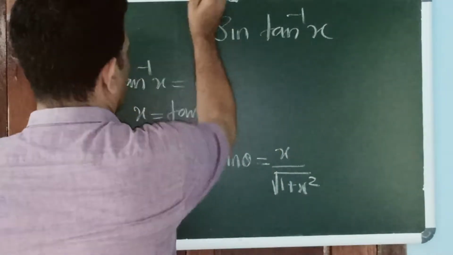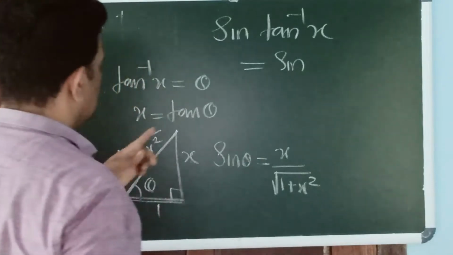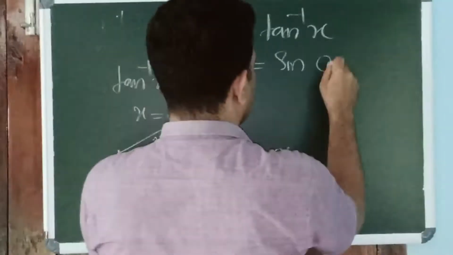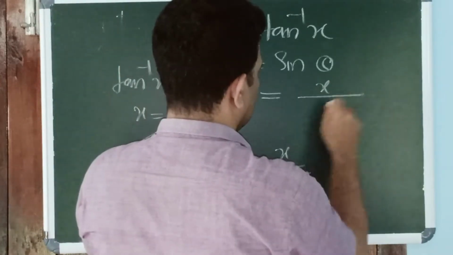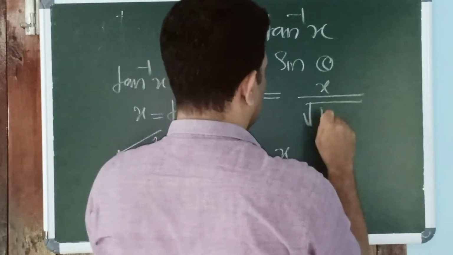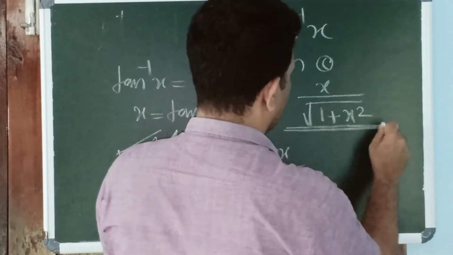Therefore this question becomes sin of tan inverse x, which is sin theta, equal to x divided by square root of 1 plus x square. Therefore the answer is x divided by square root of 1 plus x square.